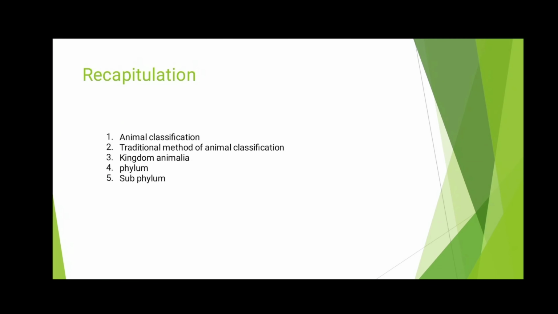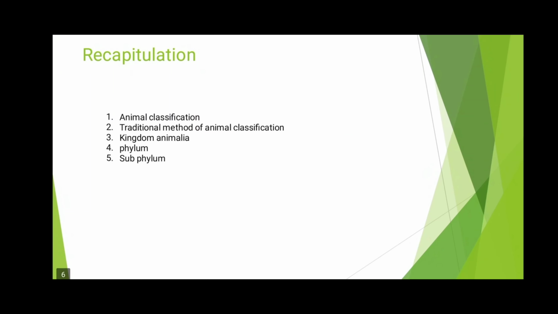Some crawl on land, some swim in water, whereas some fly in air. Some have scales on skin whereas some have feathers or hair. In this way, there is huge diversity among animals. According to recent studies, the number of animal species on earth is approximately 7 billion.